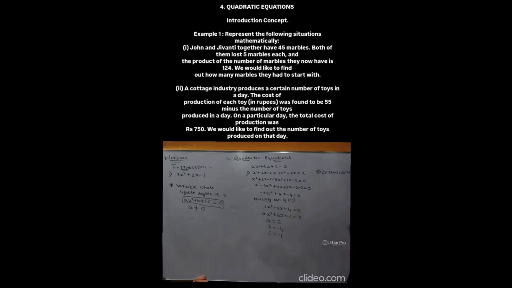Is this equation a quadratic equation or not? We need to simplify, then only we will get to know. So see here the solution. Keep 2x square on the left-hand side as it is, plus 2x minus 2 minus 2x square. 2x square will become minus 2x square, plus 5x will become minus 5x, plus 4 will become minus 4.